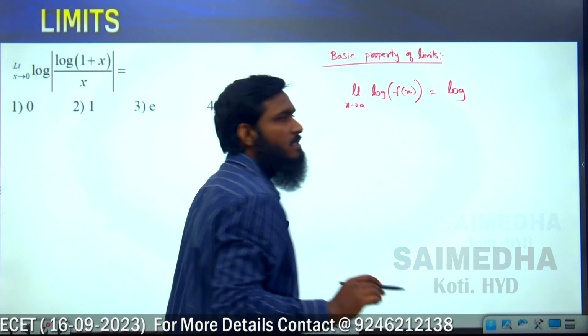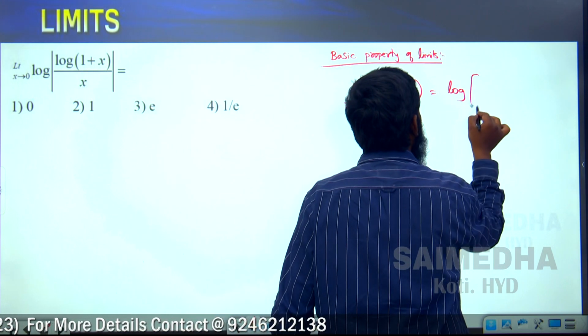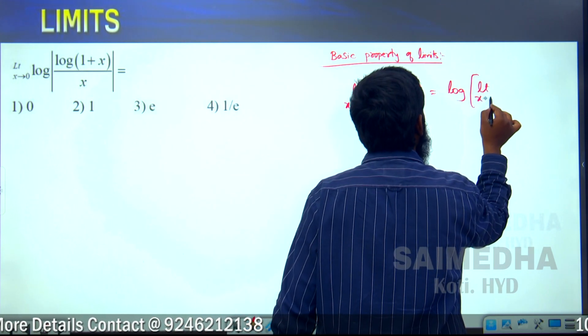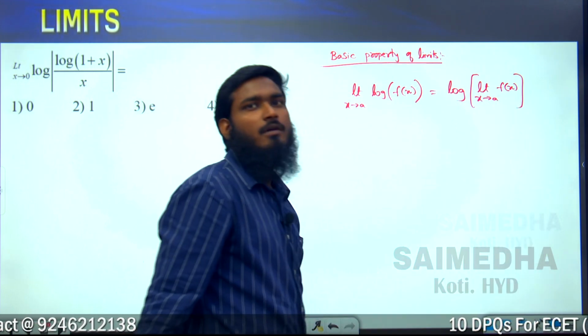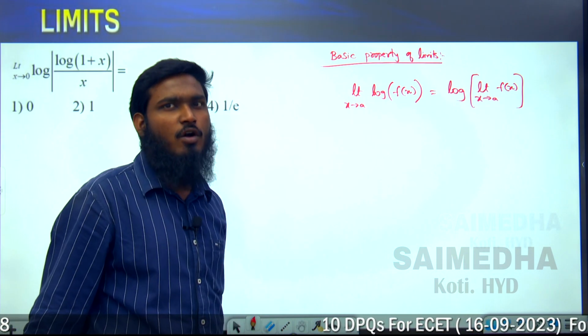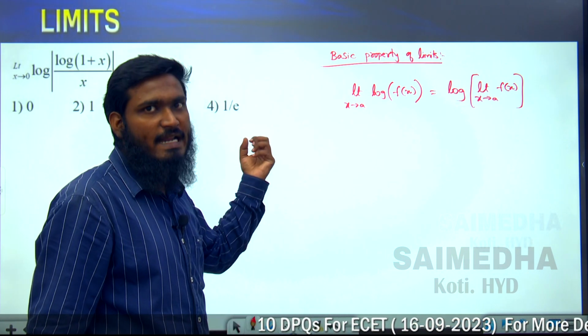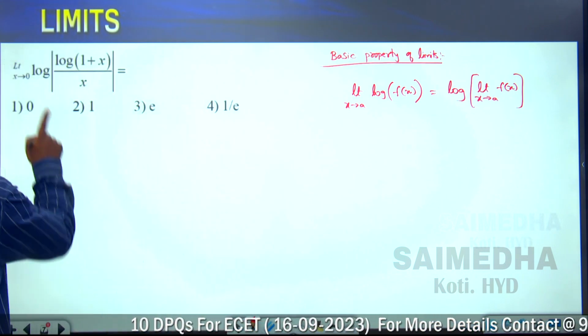Listen carefully, log we have to write as it is, and we apply the limit for the inside function, limit x tends to a f of x. Understood the point? Whenever we are having log of f of x, we write log as it is and apply the limit for the function.